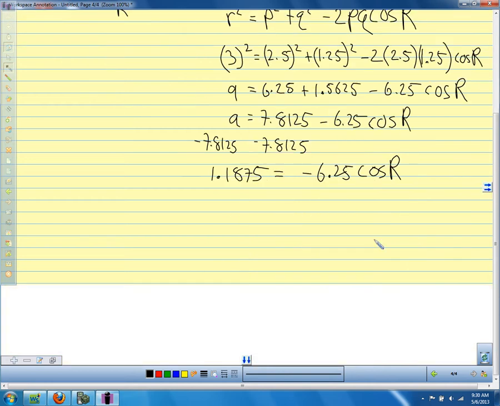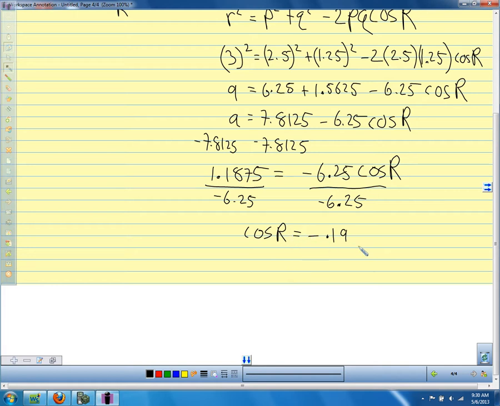We're almost done with this part now. I want the cosine of angle R by itself, so I'm going to divide by negative 6.25. And I get, turn this around, cosine angle R equals negative 0.19. I have the cosine of the angle. I'm trying to find the angle.